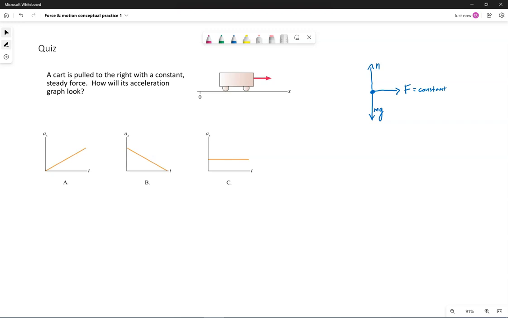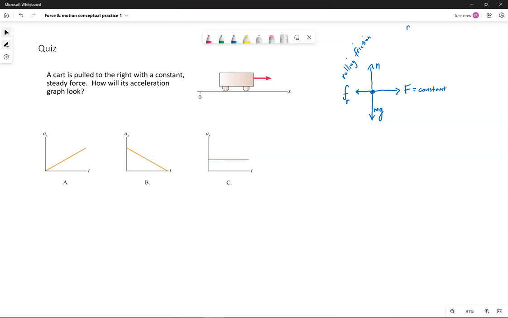There technically could be some friction that would oppose the motion. This would technically be what we call a rolling friction, because the wheels will be rolling on the surface.